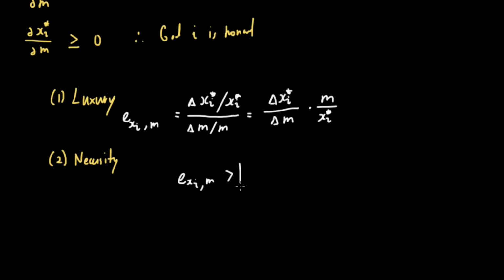What this means is that the percent change in the Marshallian demand is actually greater than the percent change in income. On the other hand, when E x sub i, m is less than or equal to 1 and greater than or equal to 0, then this good is a necessity.